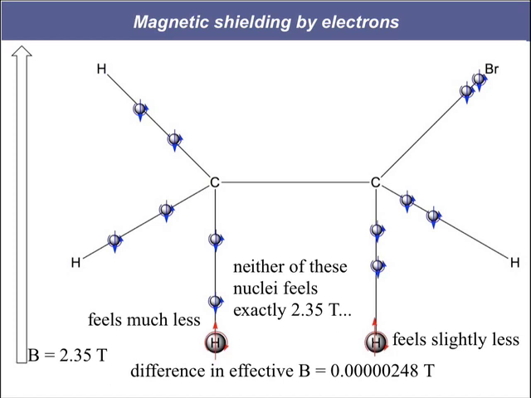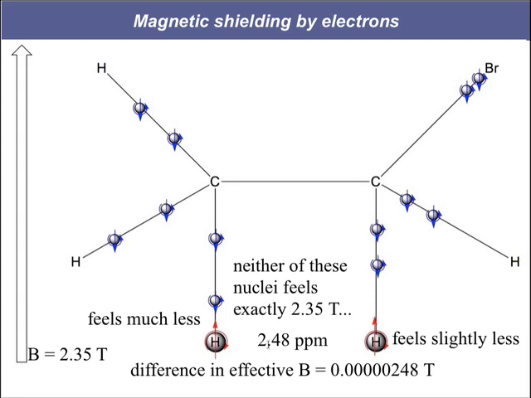Sometimes that is referred to as parts per million. This is 248 millionths, so 2.48 parts per million. We can talk about the difference in magnetic field that these nuclei feel in terms of ppm, parts per million.